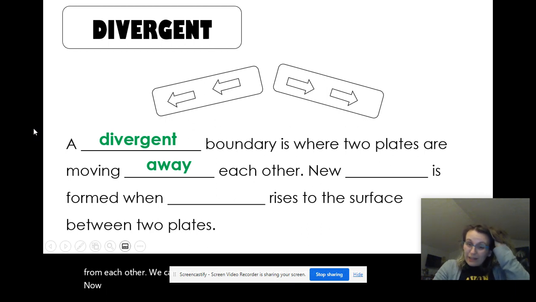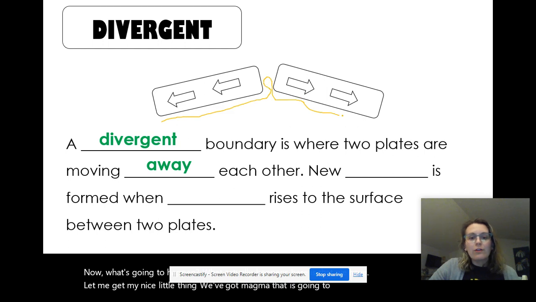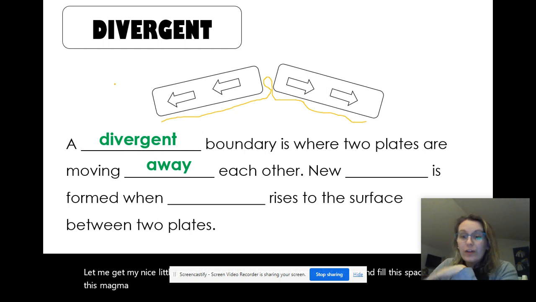Now, what actually happens here is that we've got magma that is going to rise up and fill this space. Okay. So this magma is going to fill in and it's going to cool.